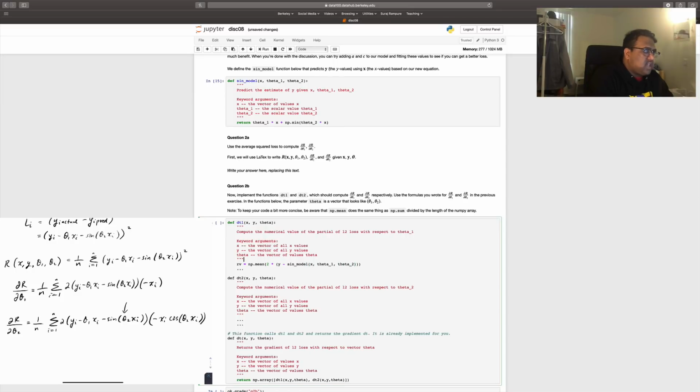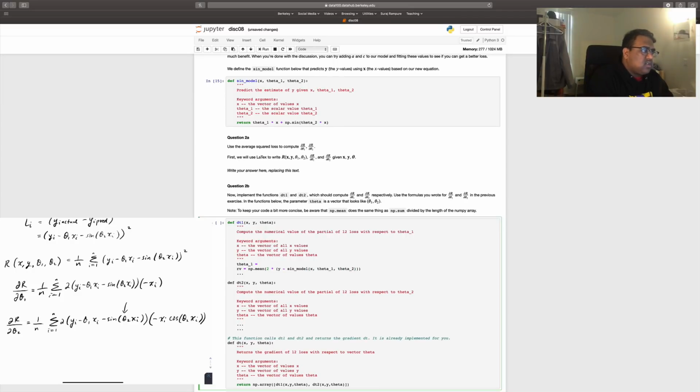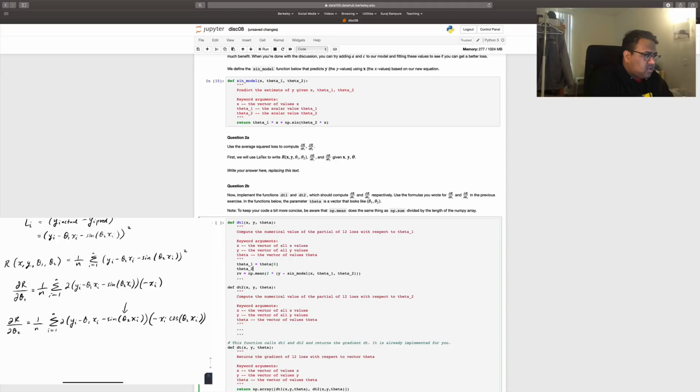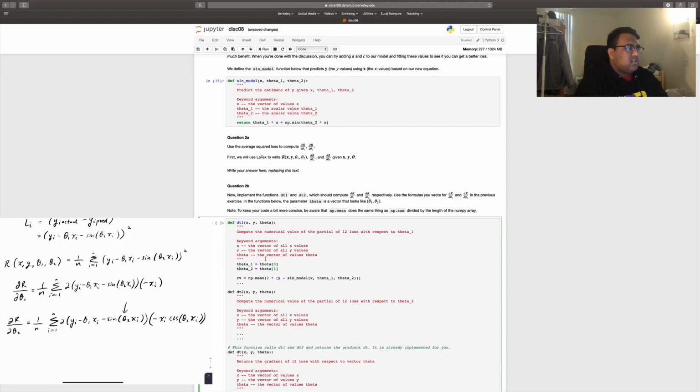And actually we should say theta 1 is equal to theta at 0 and theta 2 is equal to theta at 1, right? Because we're passing a vector that looks like theta 1 comma theta 2, so I get the first one to be theta 1, second one to be theta 2, so I pass it into the sine model, which is what we have over here, and then I multiply by negative x.